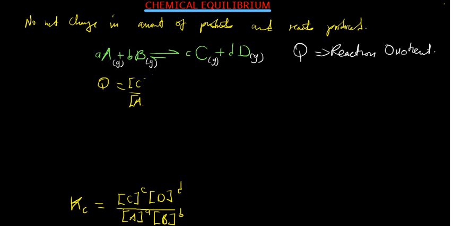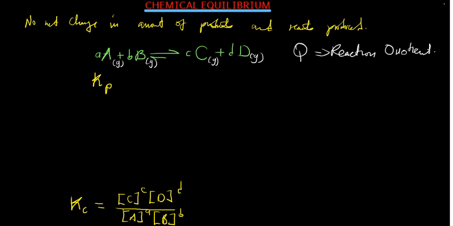Now, when we want to find the same reaction quotient in terms of pressures, and that is at equilibrium, then what we are going to have is the rate constant using partial pressures, when we are using the pressures or the partial pressures of the reactants and products.